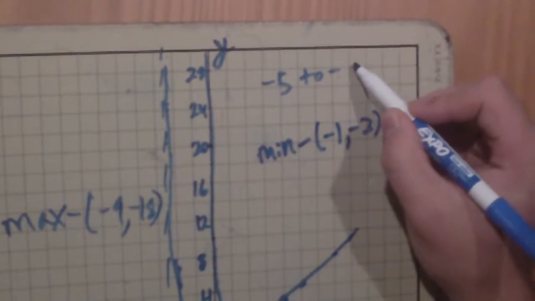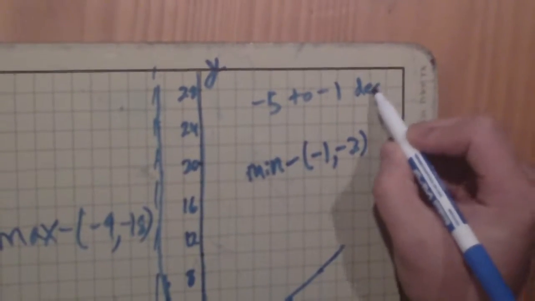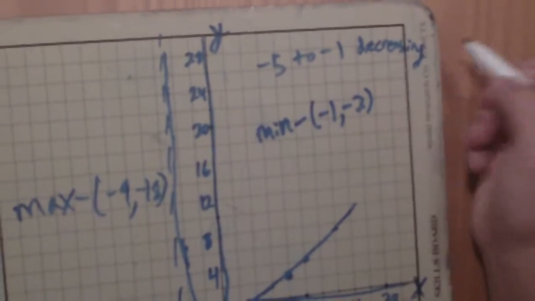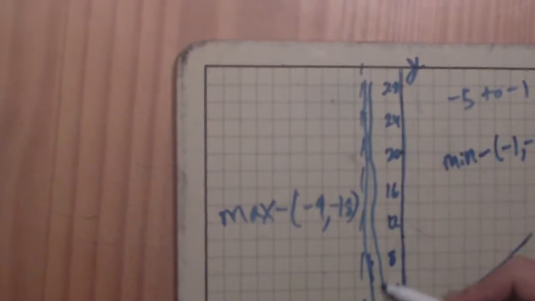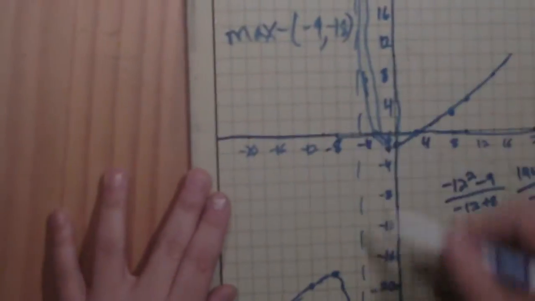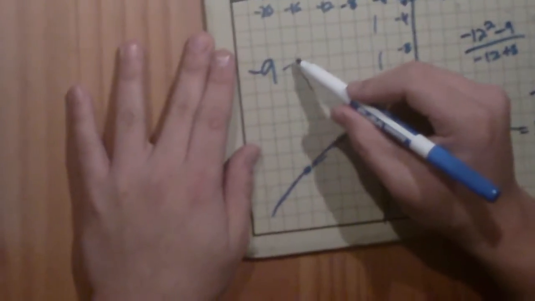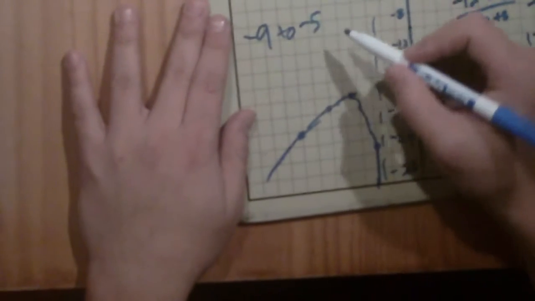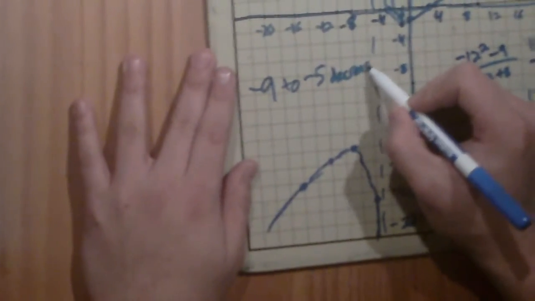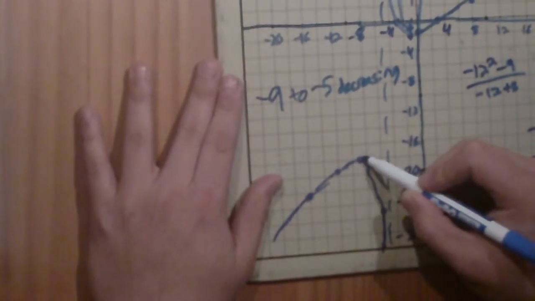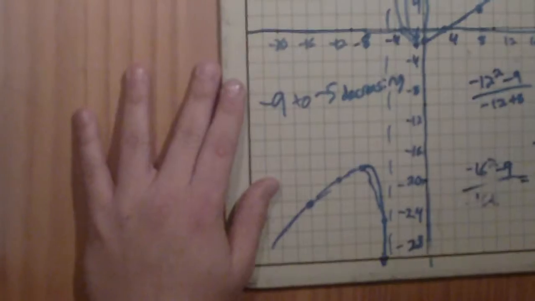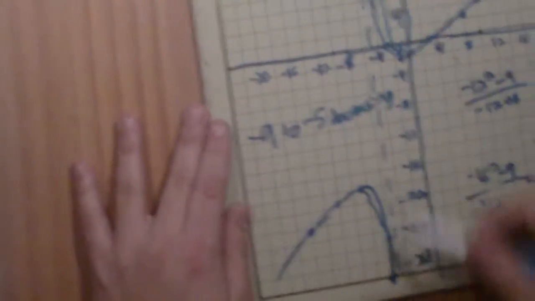So anything from negative 5 to negative 1 is decreasing, going down to the minimum. And decreasing on the other side of the asymptote would be anything from negative 9 to negative 5, from the maximum point all the way to the asymptote.